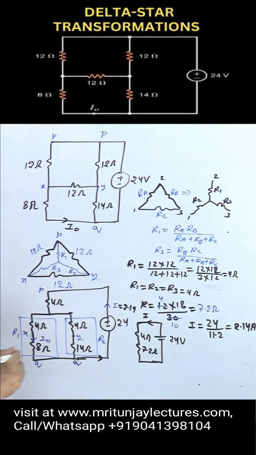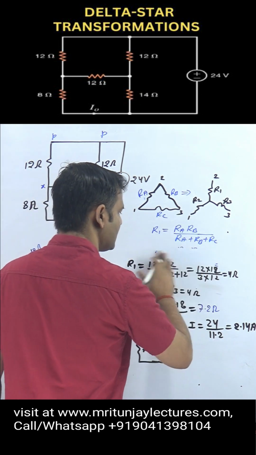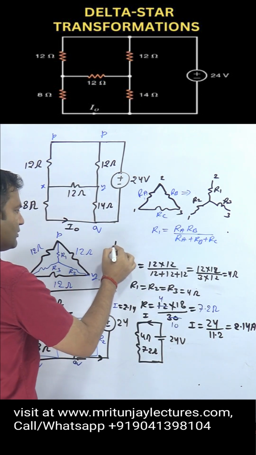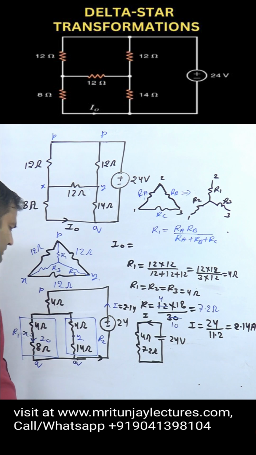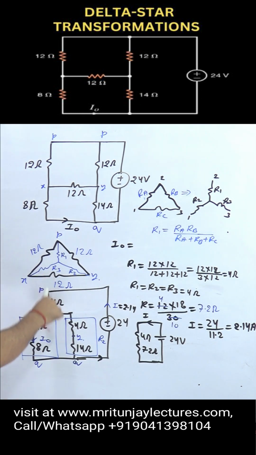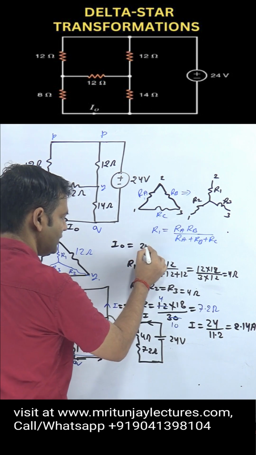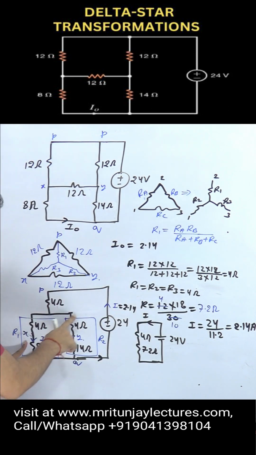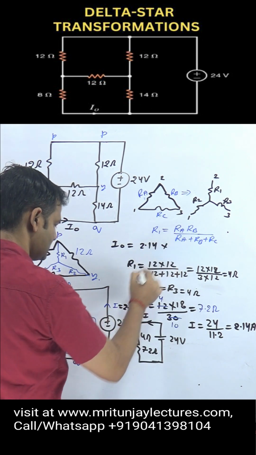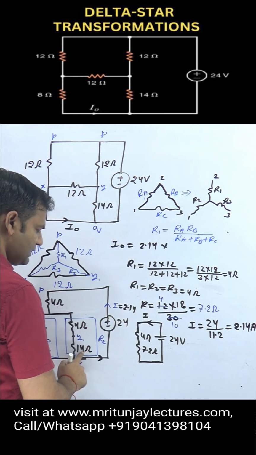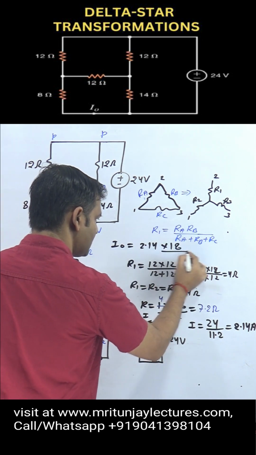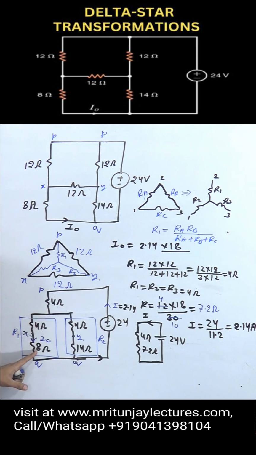I know that, if you apply the current divider rule, I naught is written as 2.14 into R2. R2 is 18 divided by 18 plus 12, that is 30.